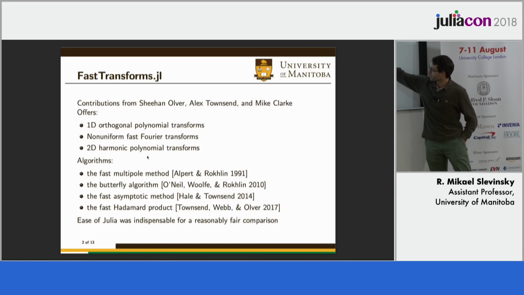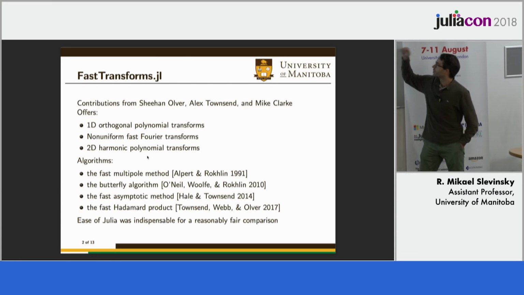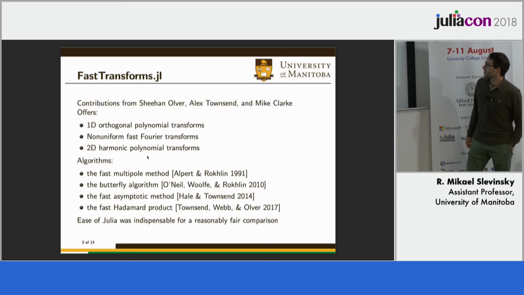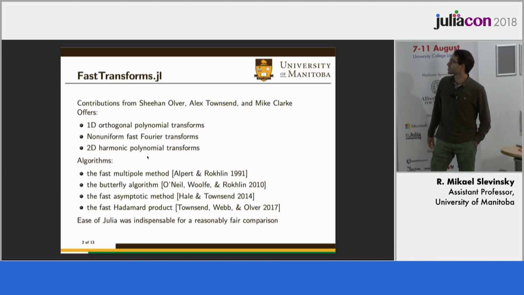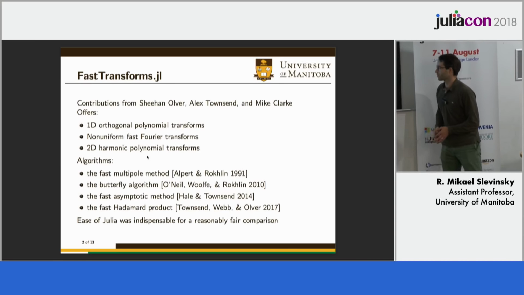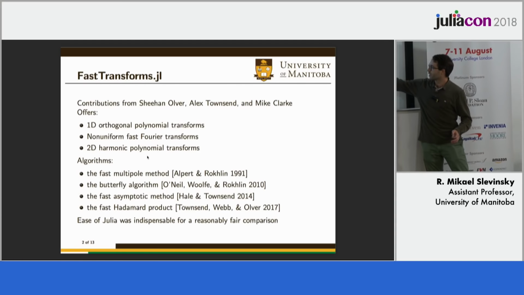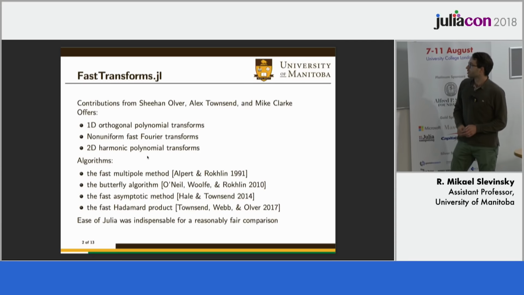The butterfly algorithm was developed theoretically by Rokhlin and his group. The fast asymptotic method, this is basically using the fact that Chebyshev polynomials are local, all orthogonal polynomials are localized in frequency. And also another way of looking at the connection coefficients using the fast Hadamard product.